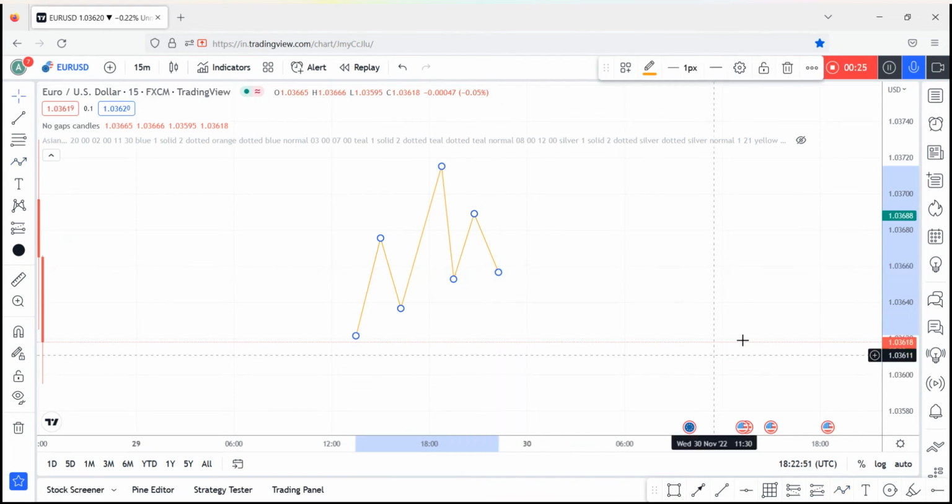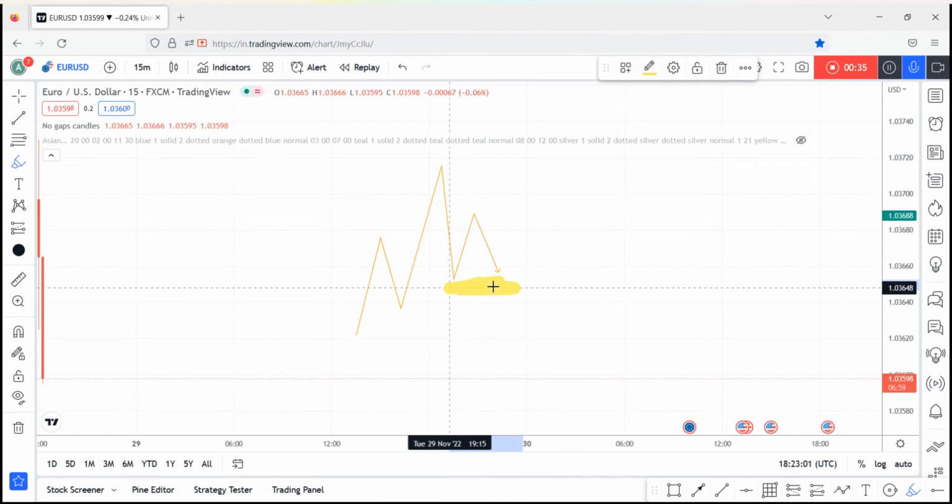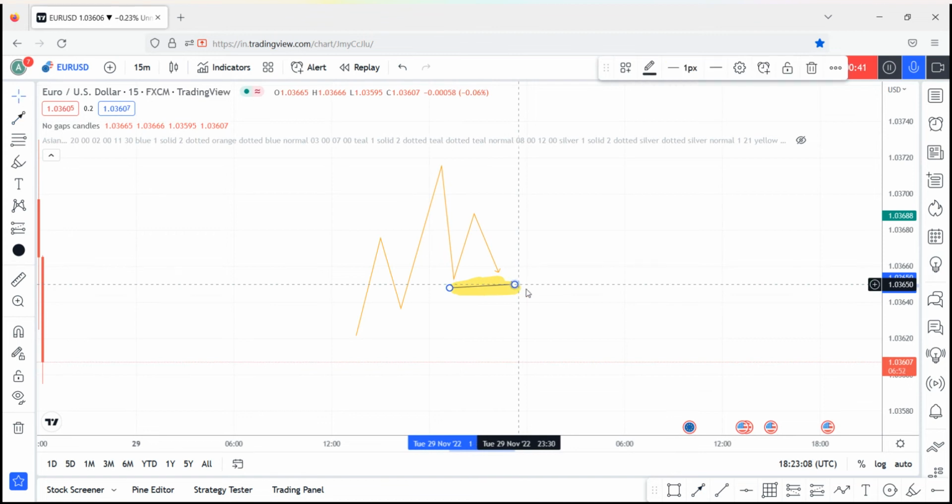And what retail traders do is they think that the market has just made double bottoms, right? Just like this, the market has made double bottoms, and they place their stop losses just below this zone like this, and they buy from here.